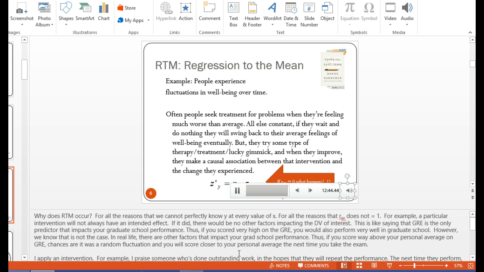So an extreme score on X will most likely yield a score on Y that is closer to the mean when we have a correlation that is not perfect. So you can see in that formula how it works.